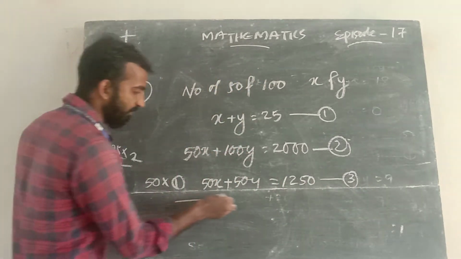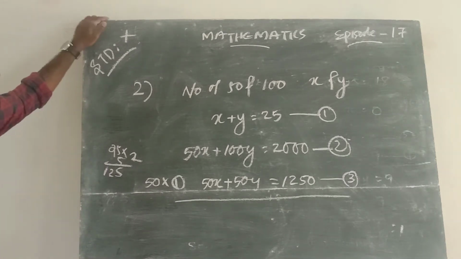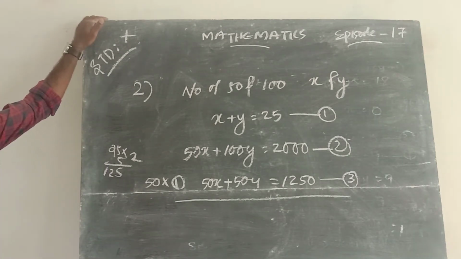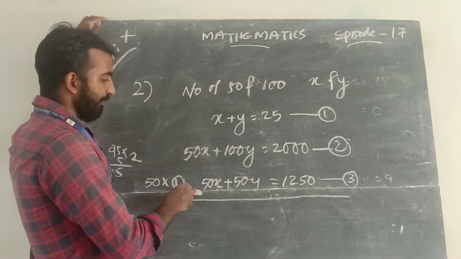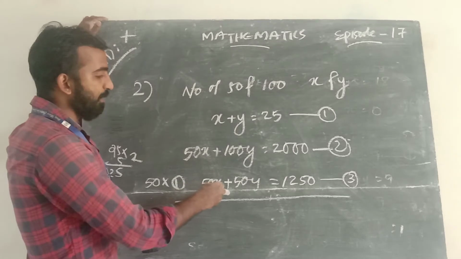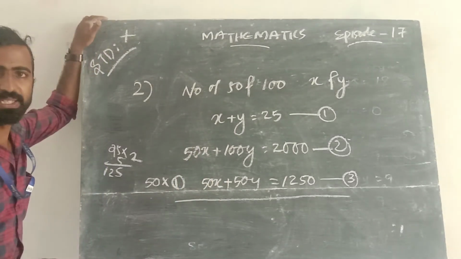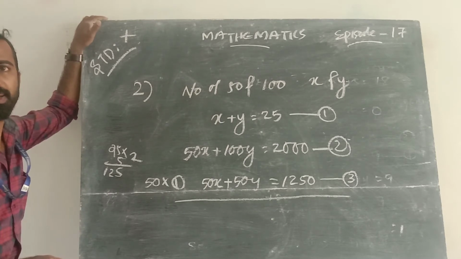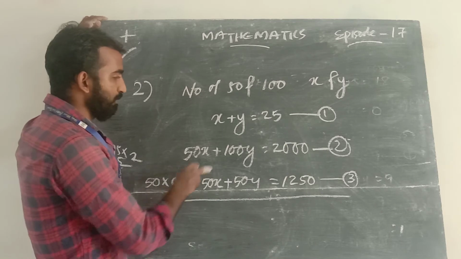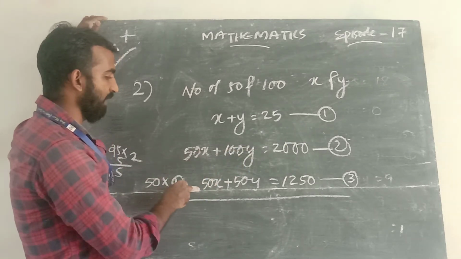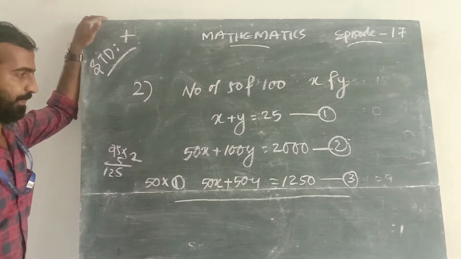We want to eliminate a variable. We have 50x plus 100y equal to 2000 and 50x plus 50y equal to 1250. The coefficients of x are the same.